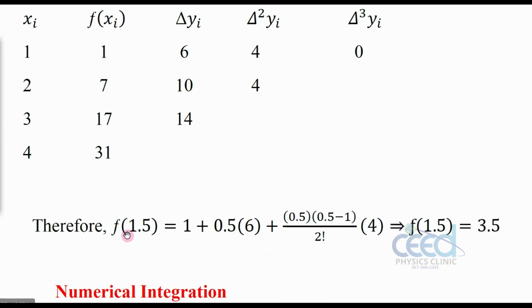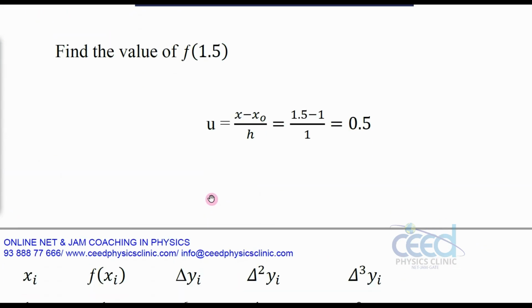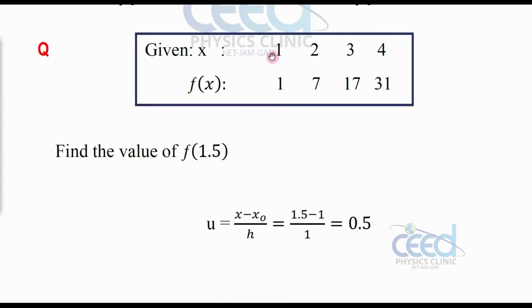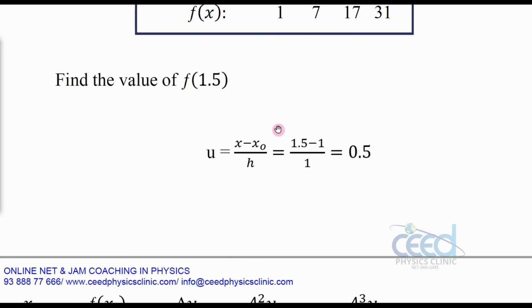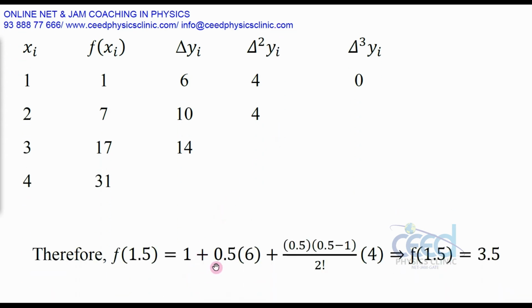Let us substitute in the formula. We are going to calculate f of 1.5. What is f of x0? This is equal to y0. X0 is the first value, that is 1, so y0 is 1. Now p delta y: p we found as 0.5, into delta y, which is 6.